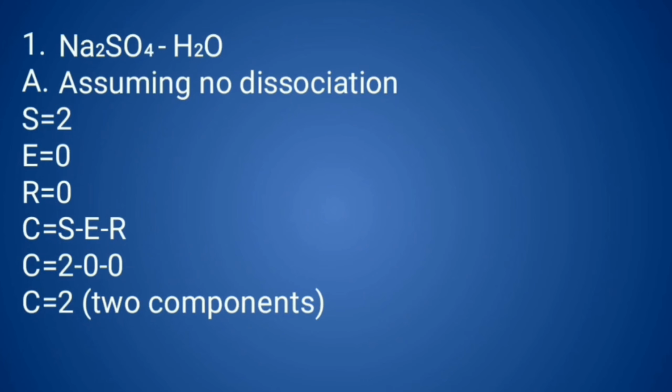In this particular example, Na2SO4 H2O is a system, right? And we are talking about the Na2SO4 H2O system. If we assume that there is no dissociation, then S will be 2. What is S? Let's revise it once more.